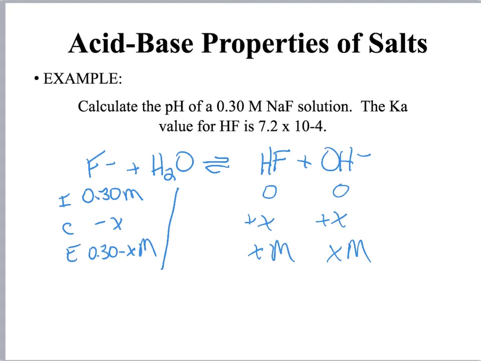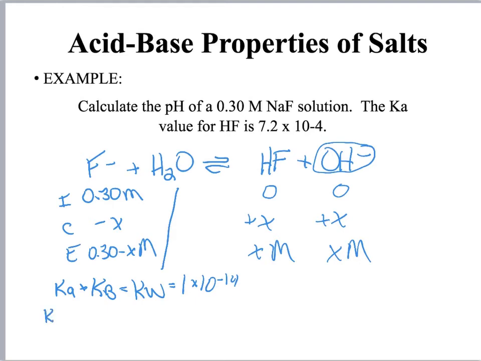All right, so now when you're looking at this, very important to remember that you generated an OH minus. So we need a Kb here, but we were given a Ka. So we have to convert this. We know that Ka times Kb is equal to Kw, which is equal to 1 times 10 to the minus 14.